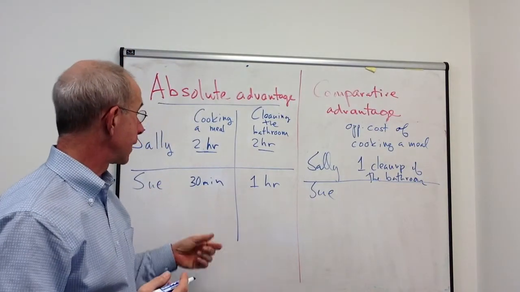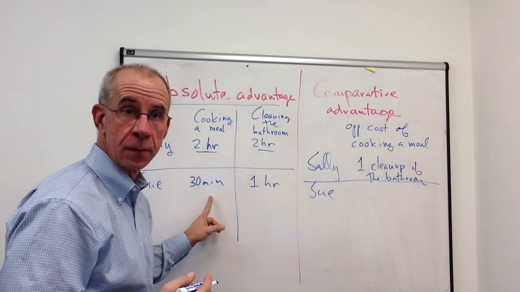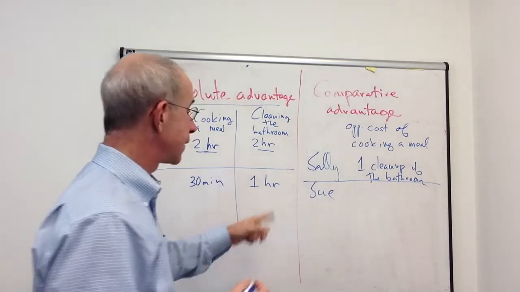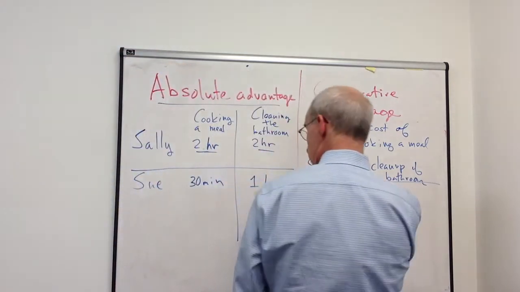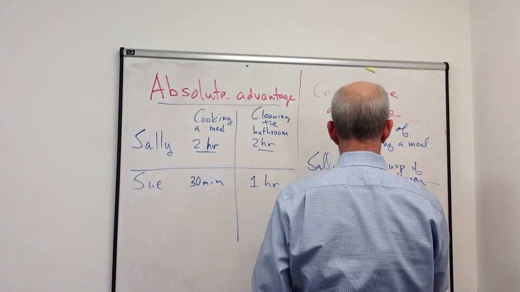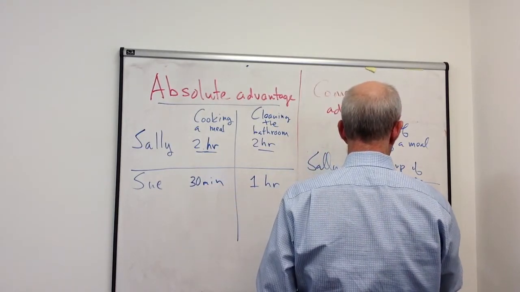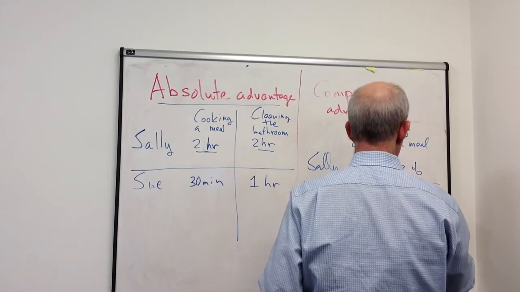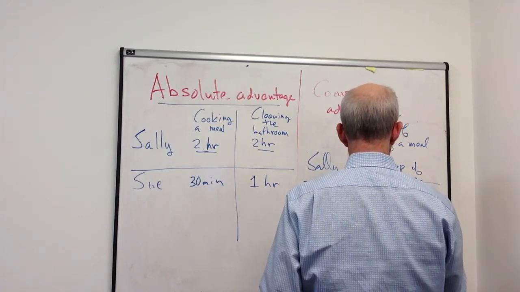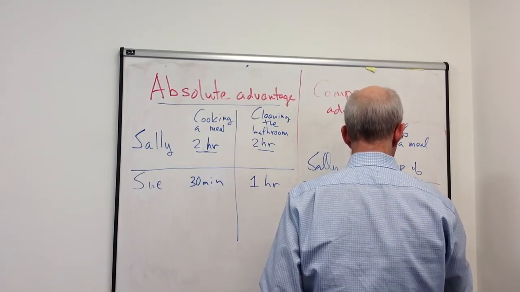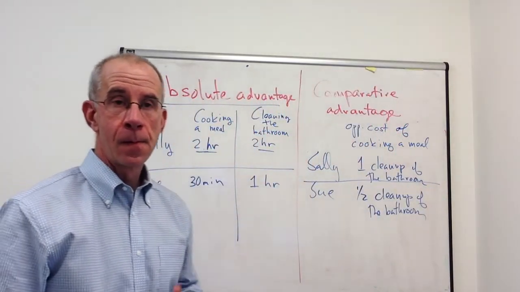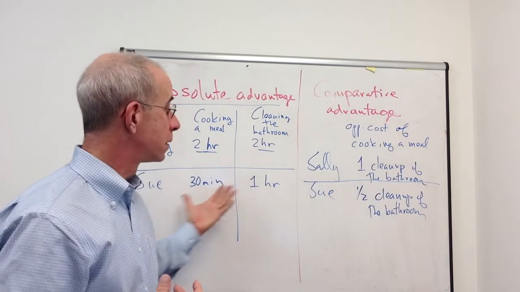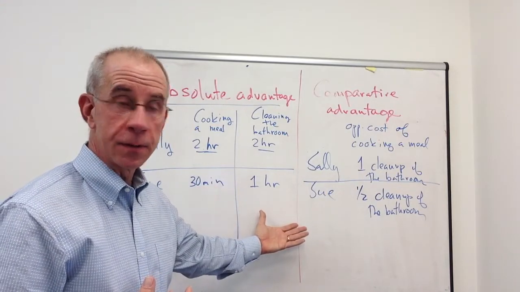Sue, on the other hand, if she cooks a meal, she gives up the opportunity, and with the same amount, 30 minutes, she can get the bathroom done with much less opportunity cost.